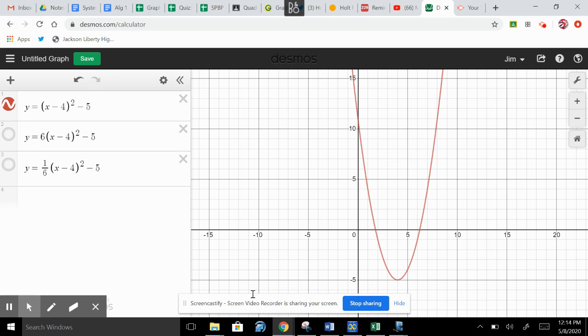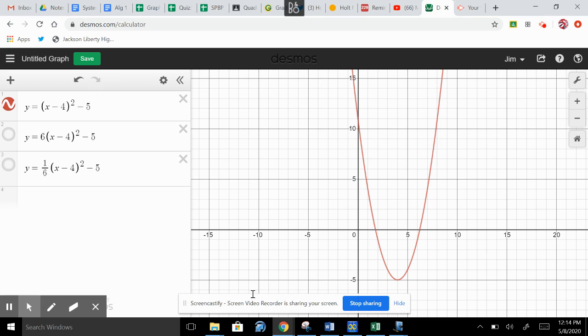You would have a vertex of the opposite of -4, which would be +4, comma -5. So that's that point you see right there. There's your vertex. Then we talked about the parent function and figuring out how to go right and left. It would be 1 right, 1 up, 2 right, 4 up, and so on. So there's your parabola. We'll get back into parent functions in a second.